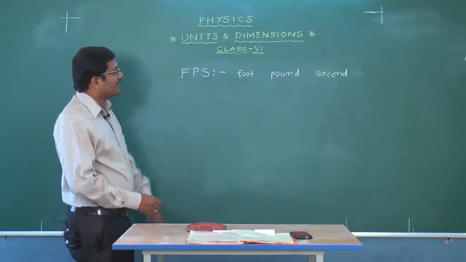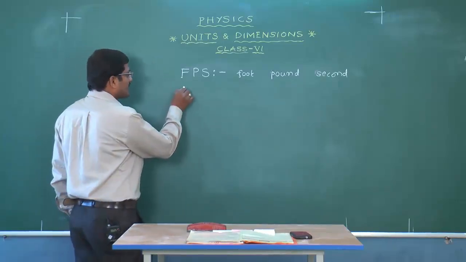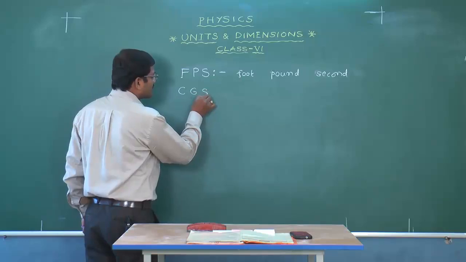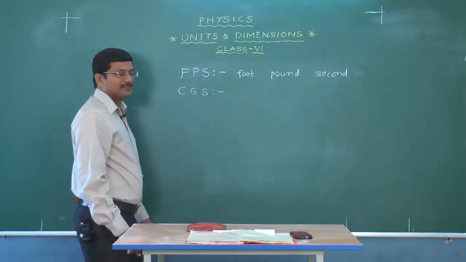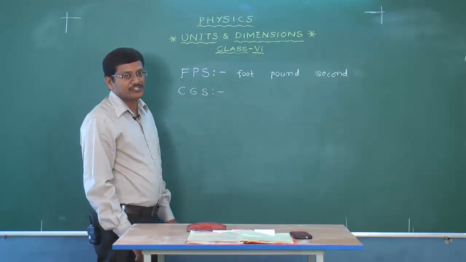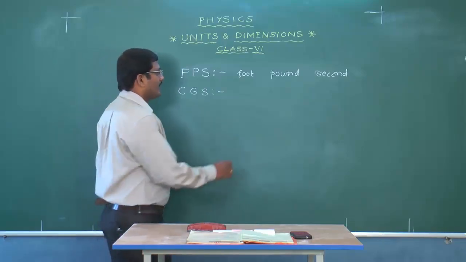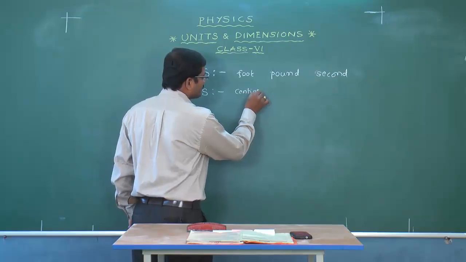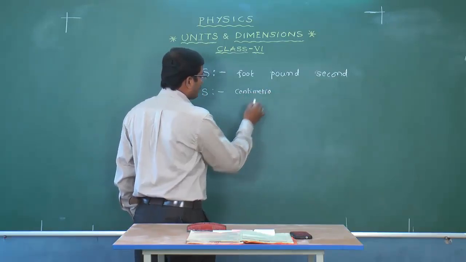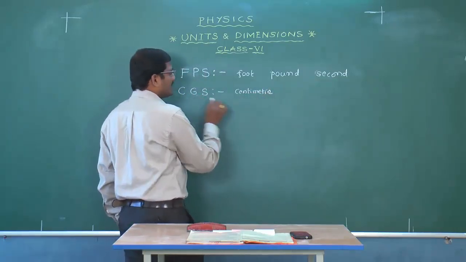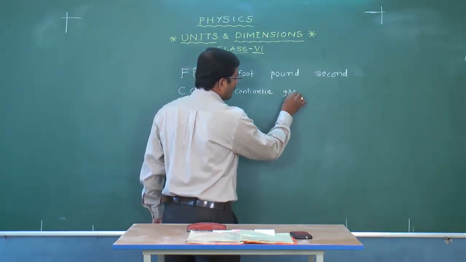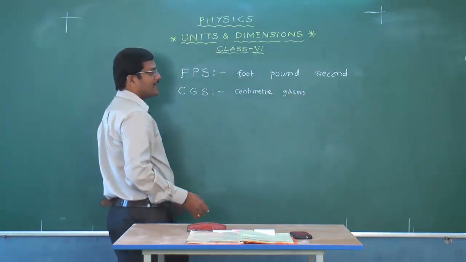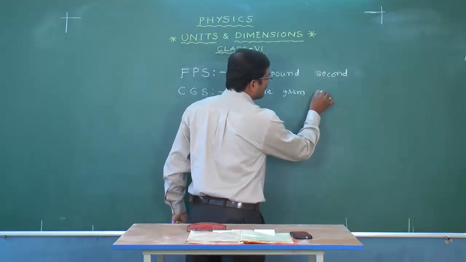And after 1874, scientists used this system which is called CGS, given by the British Association for the Advancement of Science, and this uses centimeter. Next, the mass is measured in grams, and the time is measured again in a second.